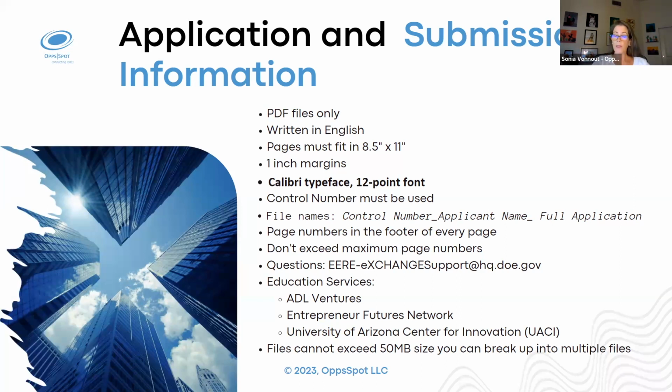And then you've got support from the UACI and 2 other organizations as power connectors for this particular FOA. So don't hesitate to reach out. And keep in mind that files can't exceed 50 megabytes in size. And if one does, break it up into different files, and you might have to note that somehow with your file naming convention.